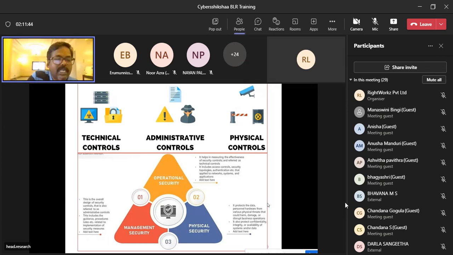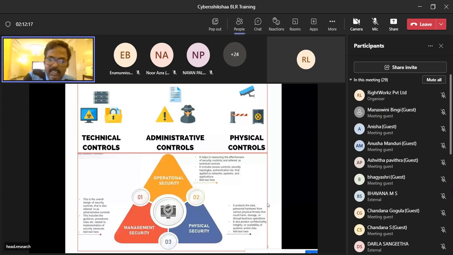This includes the guidance, procedures, rules, etc. related to implementation of security measures. Then technical operational security helps measure the effectiveness of security controls and is referred to as technical controls. It includes access control, security topologies, authentication, etc. that apply to network systems and applications.